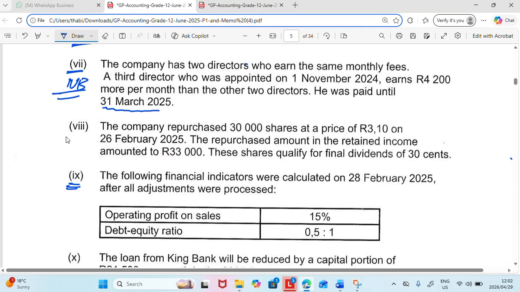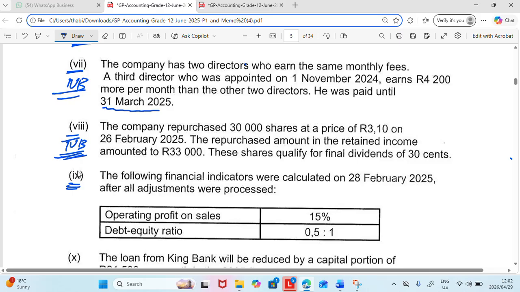So I want you to look at that information where I'm writing NP, where I'm highlighting. The company repurchased 30,000 shares at a price of R3.10 on 26 February 2025. The repurchased amount in the retained income note, it is how much? 33,000.